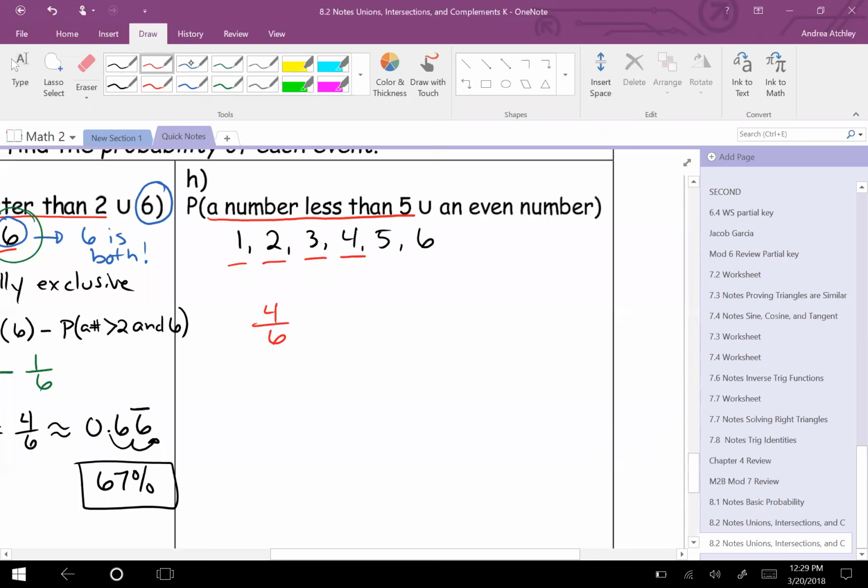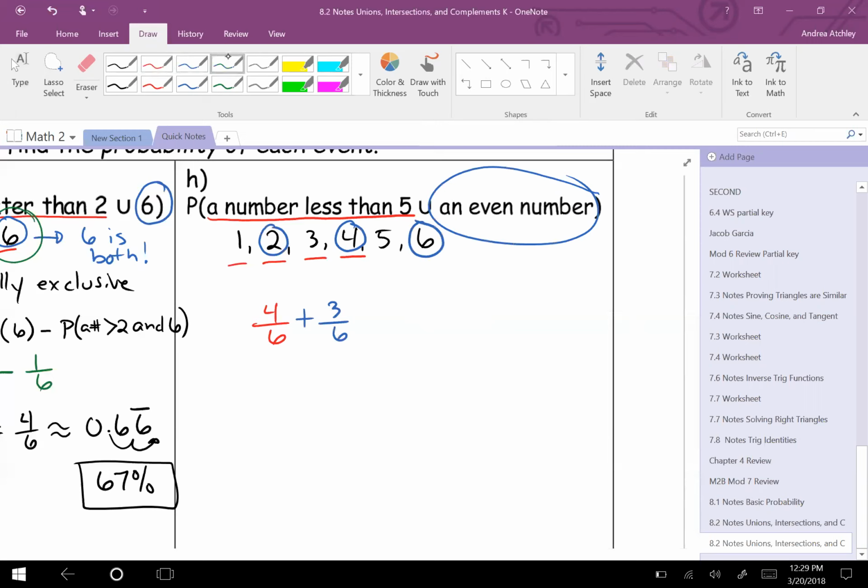So 4 out of 6 is my probability. Then I'm going to circle a number that is even. So 2 is even, 4 is even, and 6 is an even number. Some of you guys forgot about 6. So that would be 3 out of 6 numbers that are even numbers on my number cube.